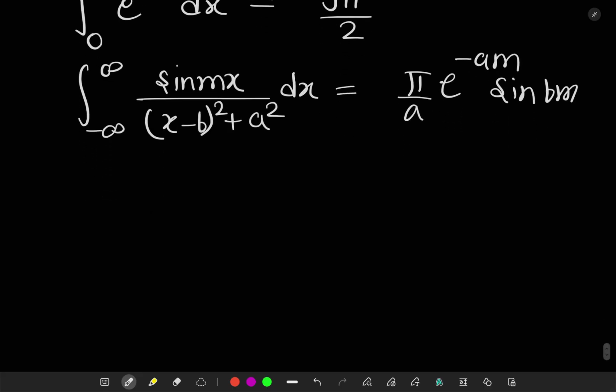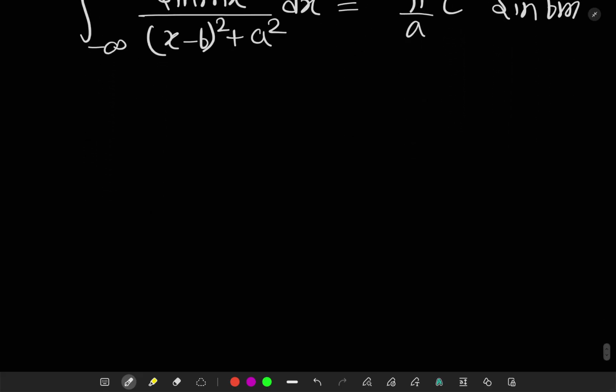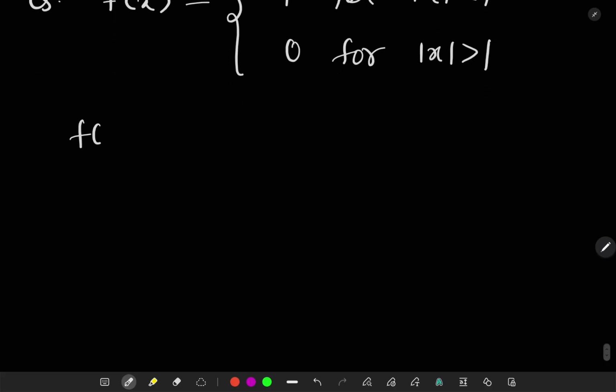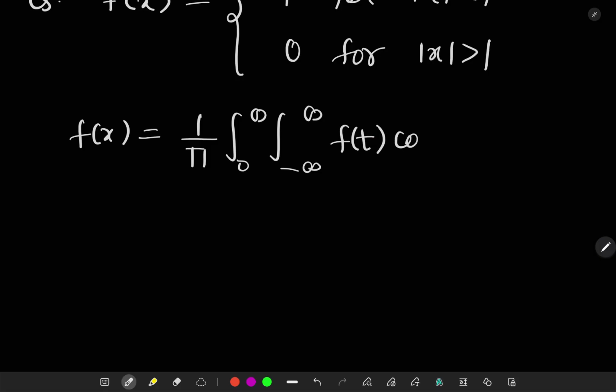Let's do questions on this topic. Given f(x) is equal to 1 for |x| less than 1 and 0 for |x| greater than 1. Now f(x) is equal to 1/π integral 0 to infinity, integral minus infinity to plus infinity f(t) cos u(t − x) dt du.